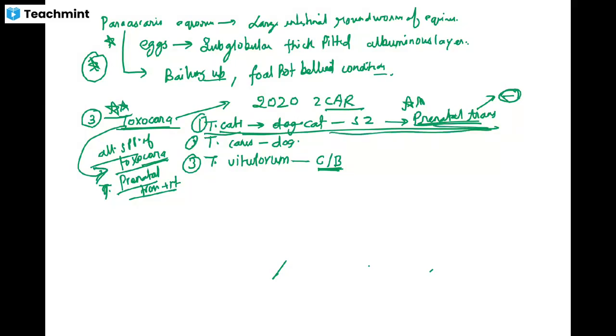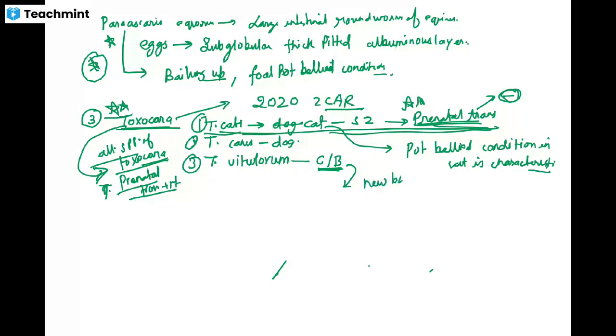And here in Toxocara cati infection, pot-bellied condition in cat is a characteristic feature. In case of Toxocara vitulorum, it is present in cattle and buffalo. It mainly affects the newborn, and it is present in small intestine.